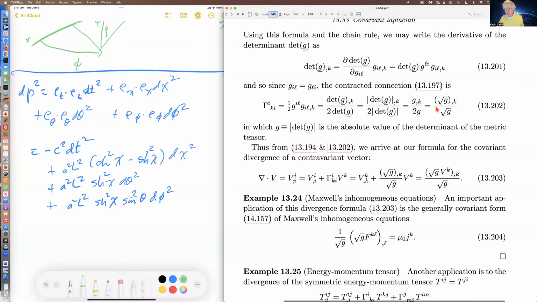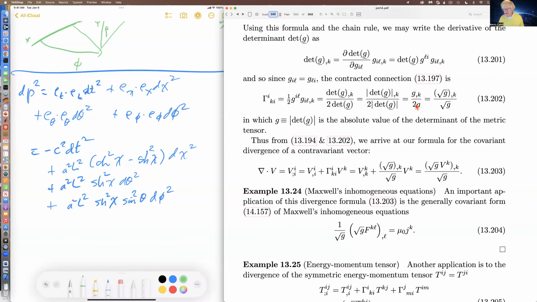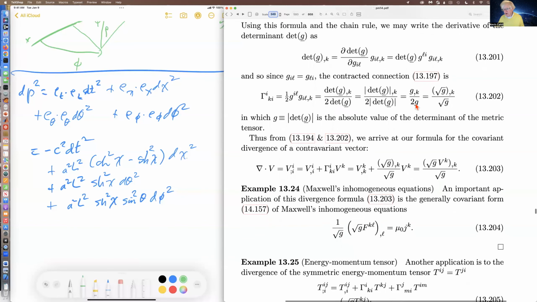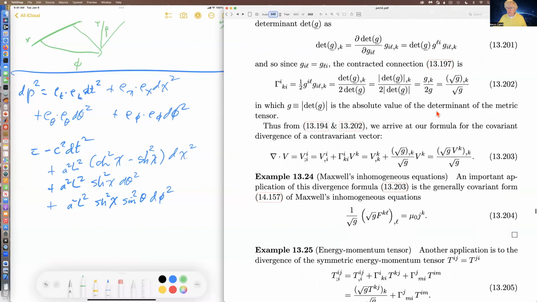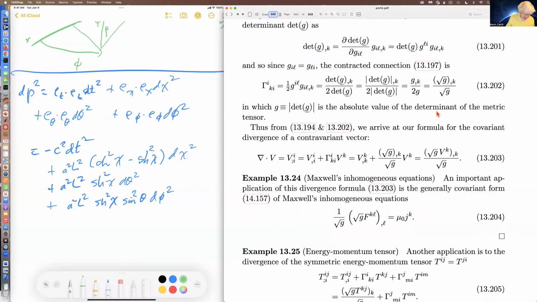And altogether, then, if you go from determinant to square root of determinant to get the factor of 2, that's all that's happening here. This is actually a simpler expression, but this is somehow more useful because square root of g keeps occurring in these formulas, because square root of g times d^4x is invariant.